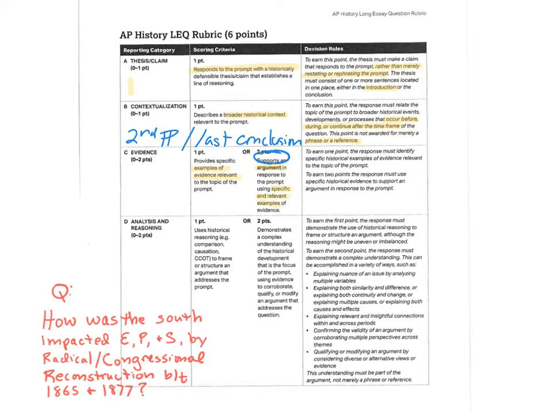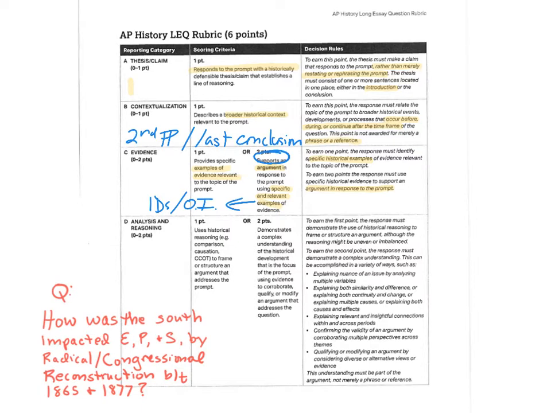So what are specific and relevant examples? AKA outside information or your IDs. So you have to give specific examples. Okay, again, looking at the decision rules, it must identify specific historical examples. 2 points gets you a link to the argument.